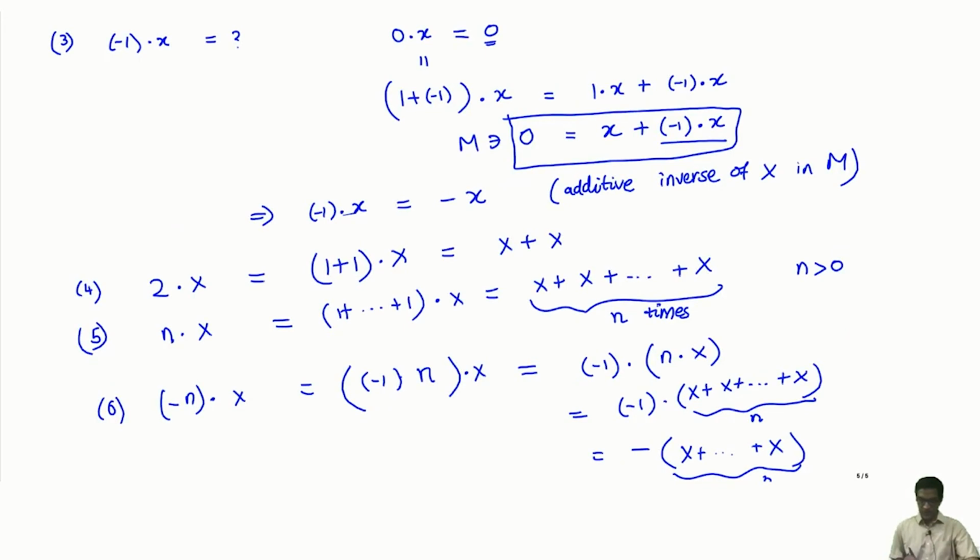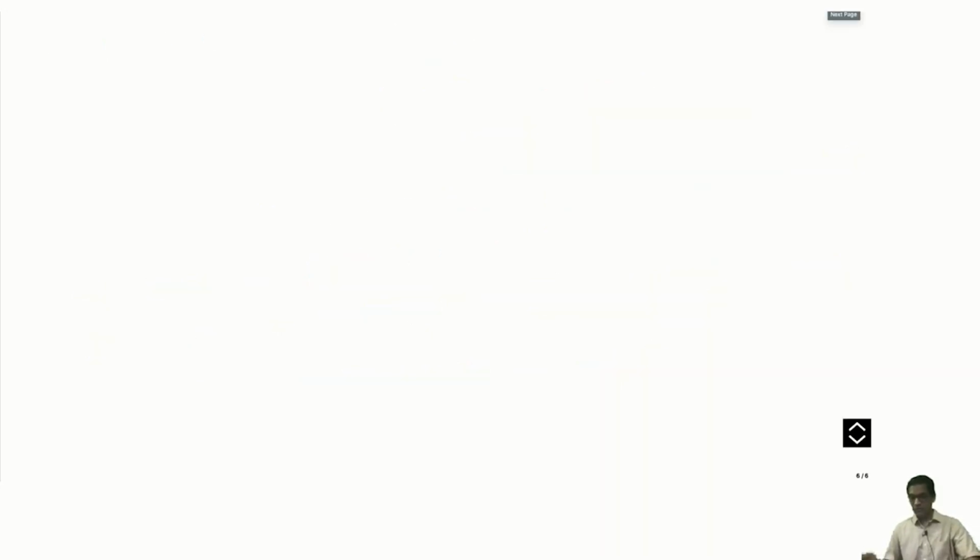If n is a positive number, then n dot x is just add x with itself n times. If instead of n I take minus n, a negative number, then that answer is just minus of x added with itself n times. So this all tells you that it's forced by the axioms.